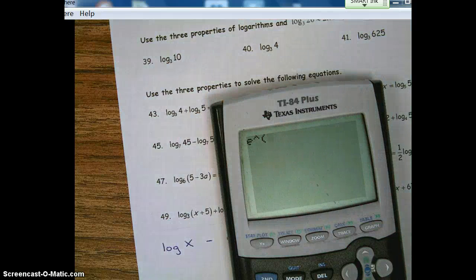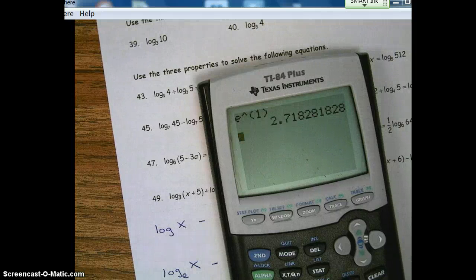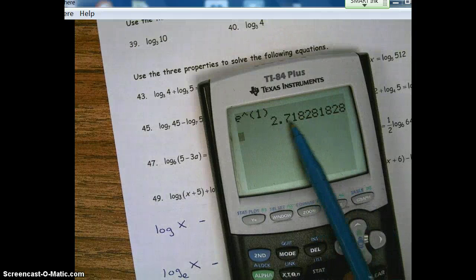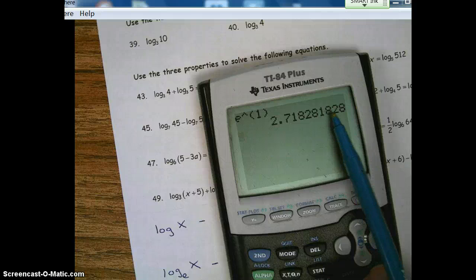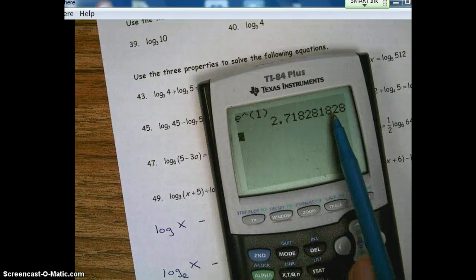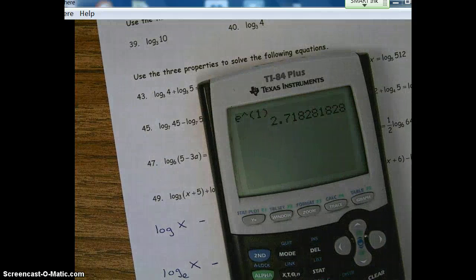E to the x, base e. Let's just raise it to the first power. This is the number that represents e: 2.718281828. Notice the repeating 1828, 1828, 1828. It keeps on going. That's what e is.